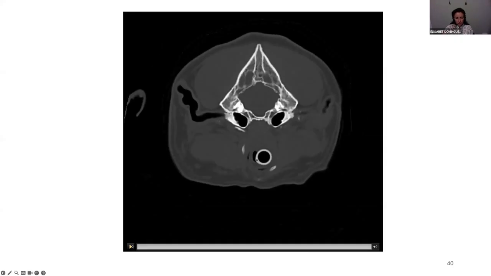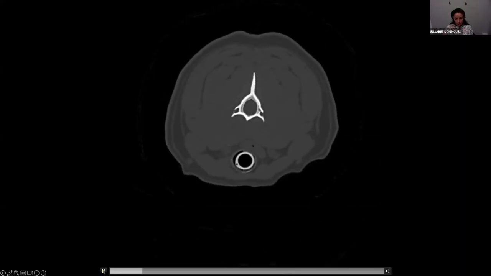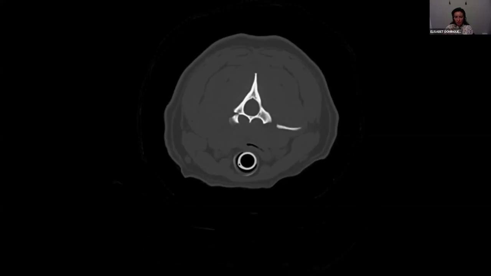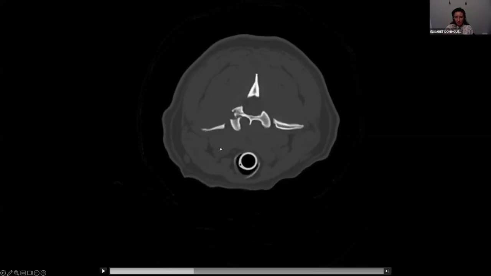Good. So I'll move a little bit slowly. Here we're at the level of the C2 vertebra. We're moving from caudal to cranial. And we see that there's an asymmetry in the vertebral body of C2. On the right side, there is this fracture line, and we have multiple fracture lines.